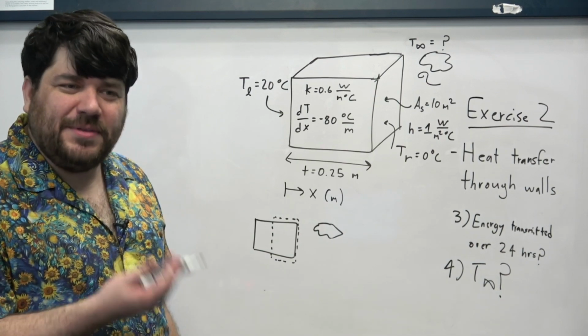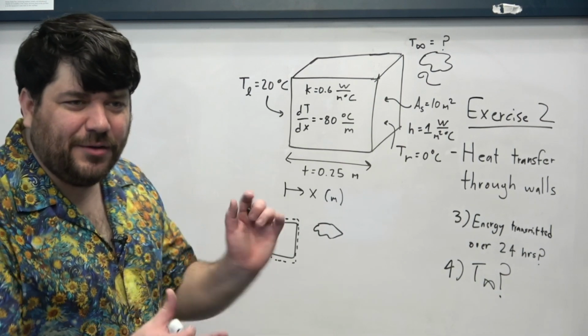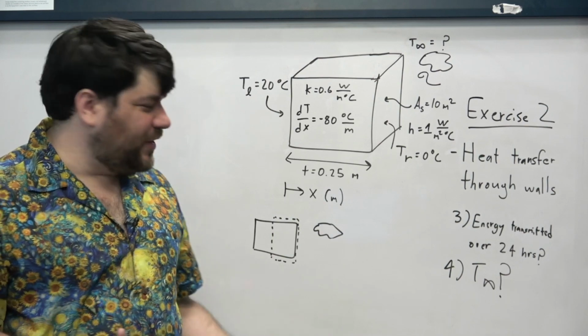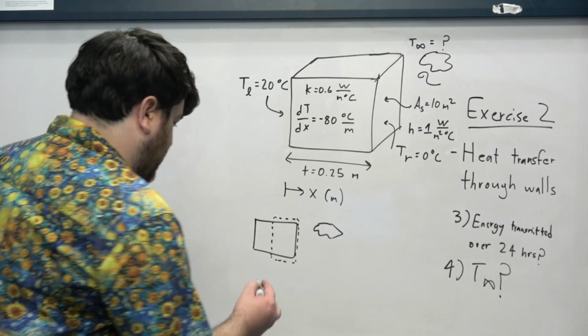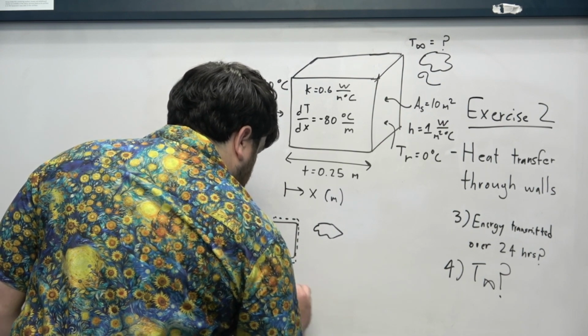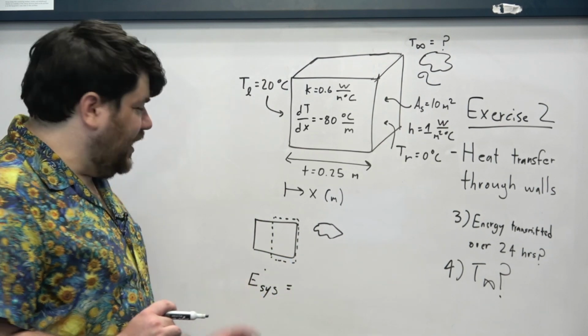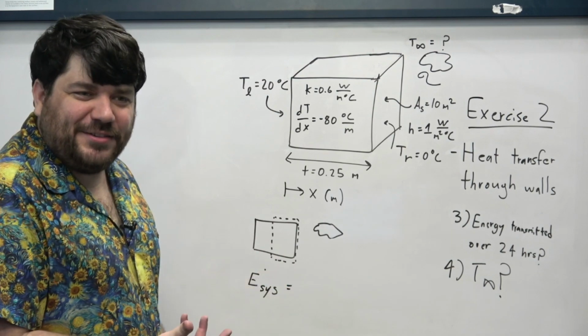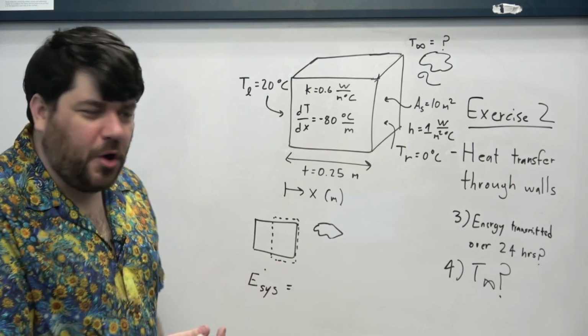Then I can set up the same equation that I had set up before to account for the different kinds of energy changes that occur inside of this region of space. What is the rate of change of the energy inside of this thermodynamic system that I've created, this half wall?